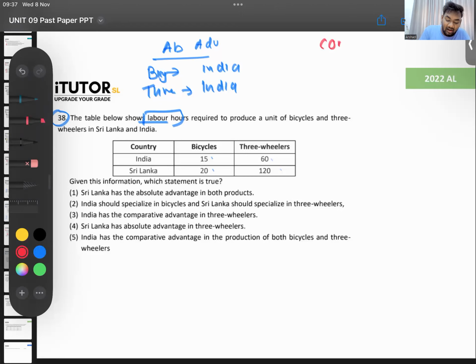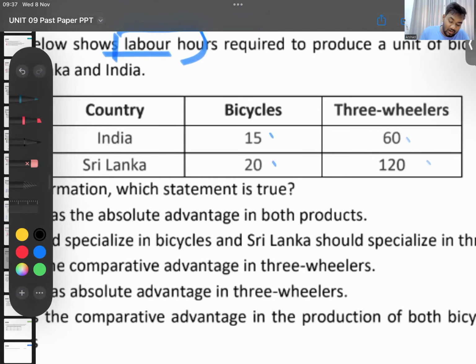Then comparative advantage. You have to find the opportunity cost. Input data, you can use the shortcut that I told you. What's the shortcut? Simply take India bicycle 15 divided by India three-wheeler 60. You get 0.25 three-wheelers.